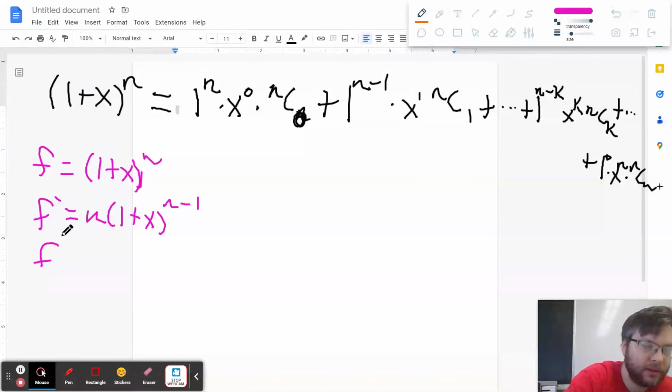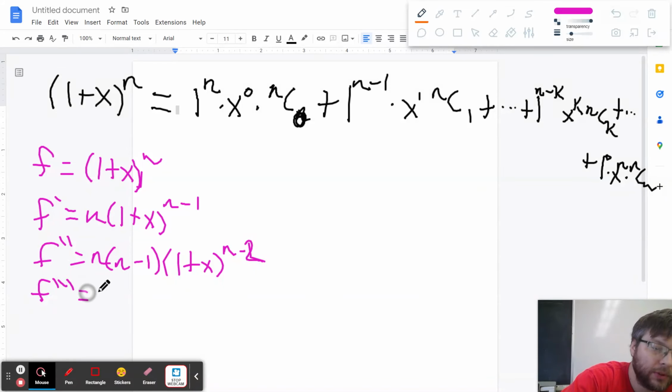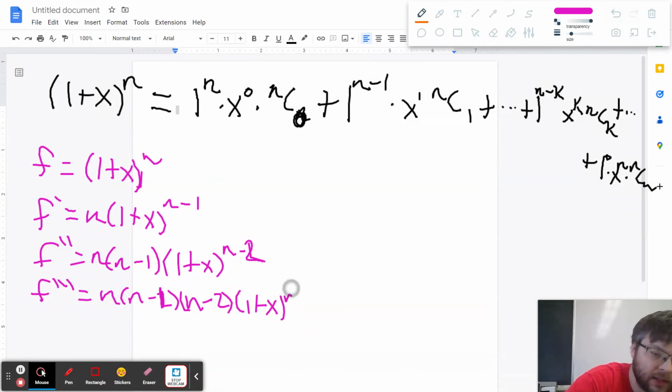The second derivative, you multiply the n minus 1 in front, and that's an n minus 2 in the power of the next step. The third derivative, you multiply the n minus 2 in front: n, n minus 1, n minus 2, (1 + x)^(n-3), etc.